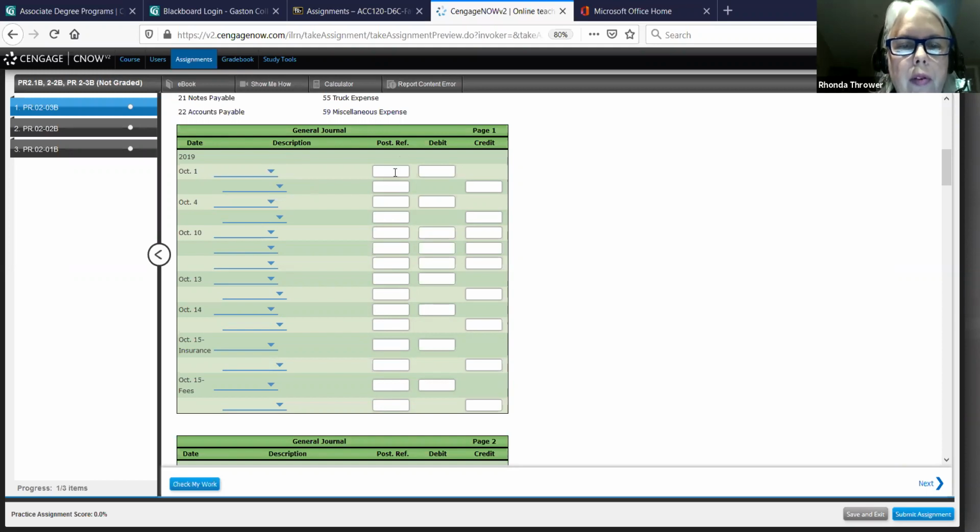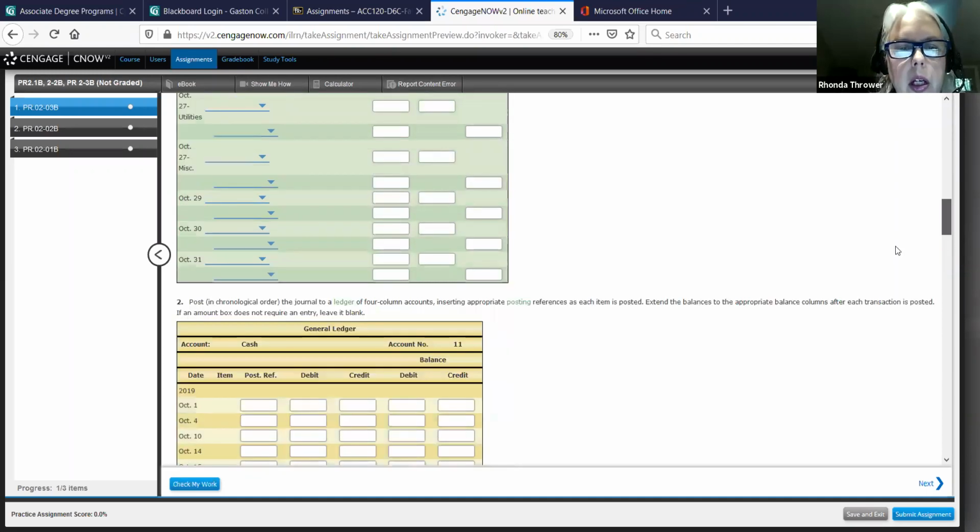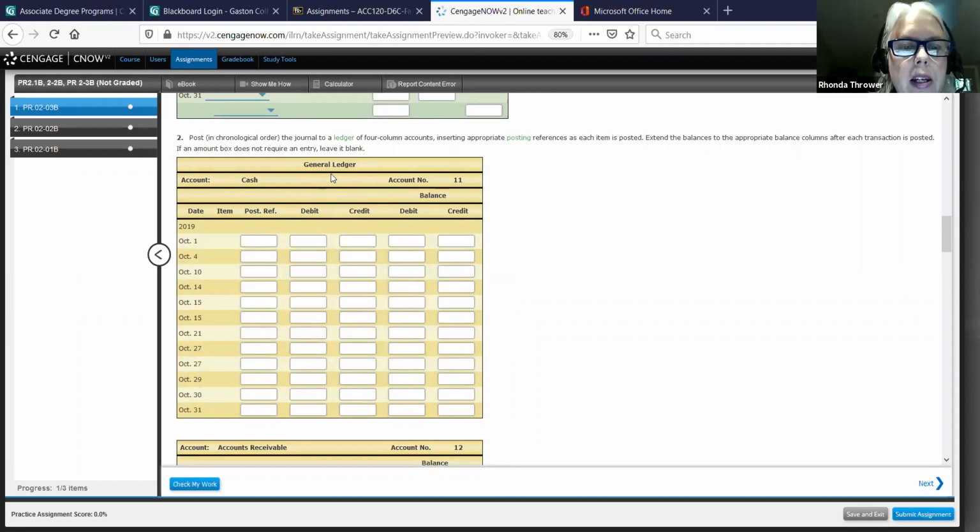There's also a post-reference column, which just serves as an audit trail. In earlier days, when we were recording transactions in journals and not using computers, we put everything in the journal first, and then we would copy to a second set of books that we call a ledger. And the ledger looks like this. It's actually a book, but on each page of the ledger we'll have the name of the account and an account number that goes with it.